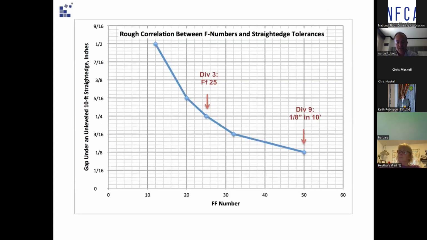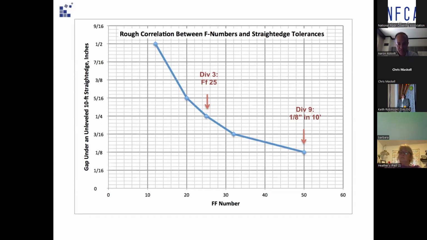We talked about the FF number and the gap under a straight edge. There's a rough correlation, not a direct correlation, because these are really measuring two different things in different ways, but there's a rough correlation between these F numbers and straight edge tolerances.